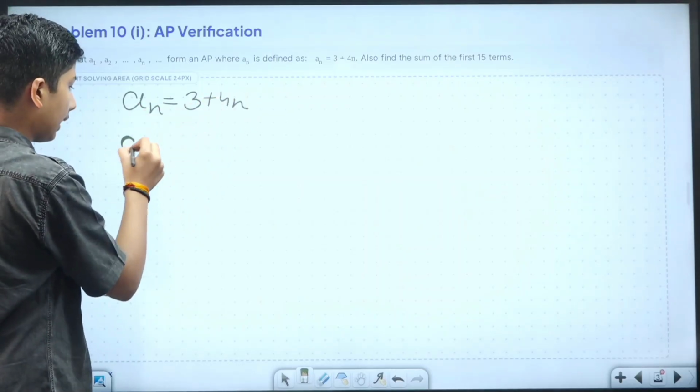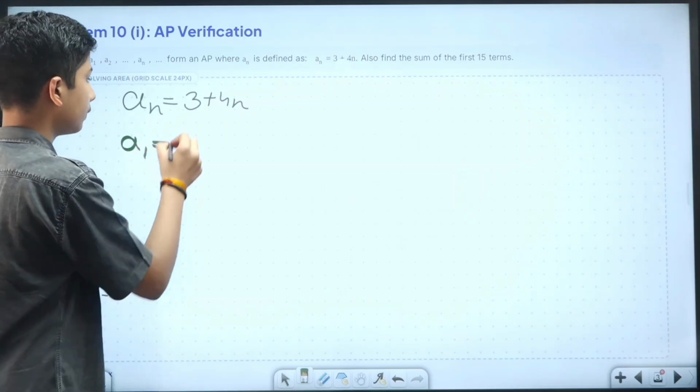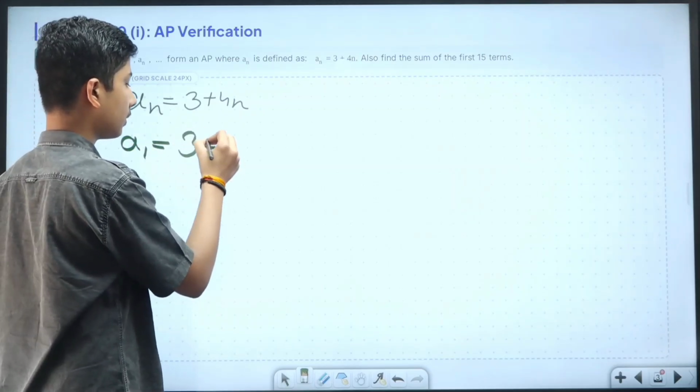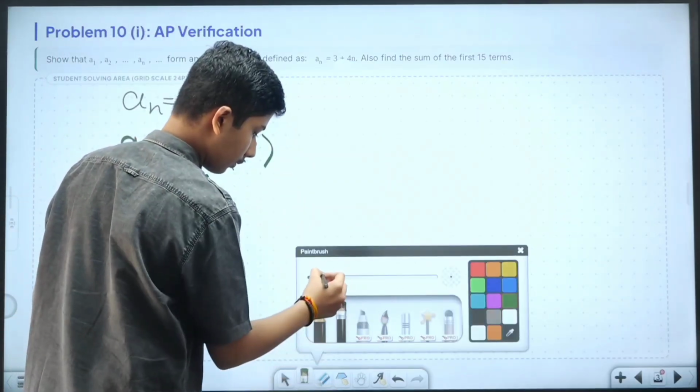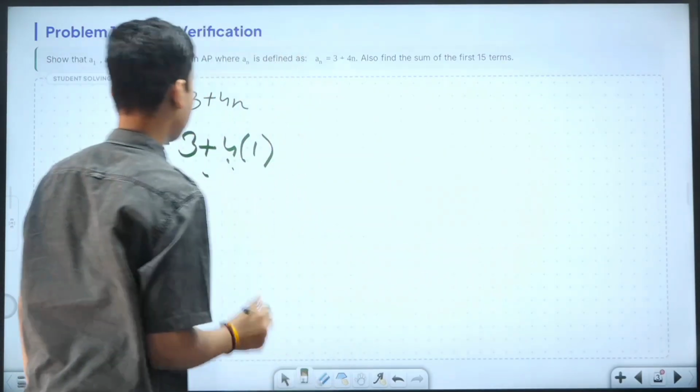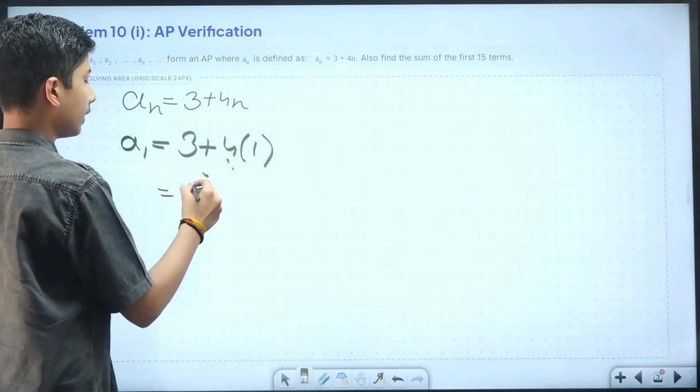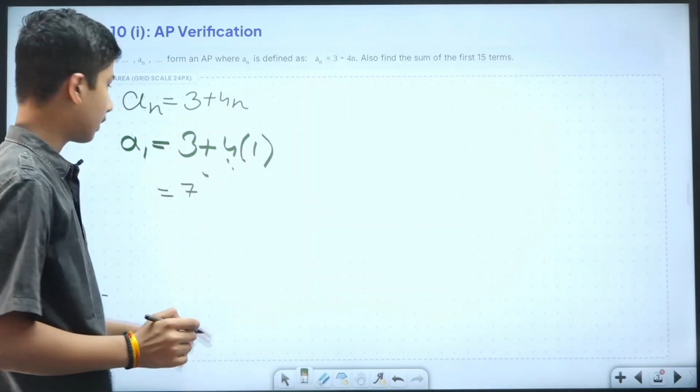So A1 equal to 3 plus 4 into 1, which will be 7. 3 plus 4 is 7.